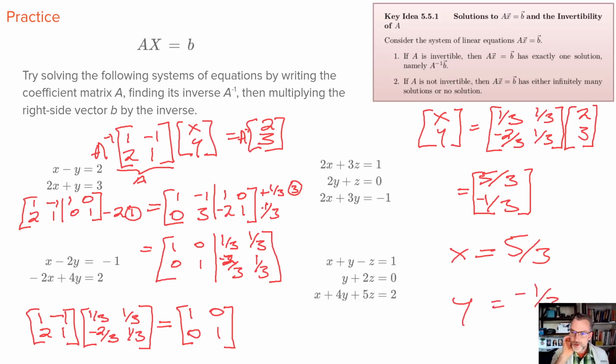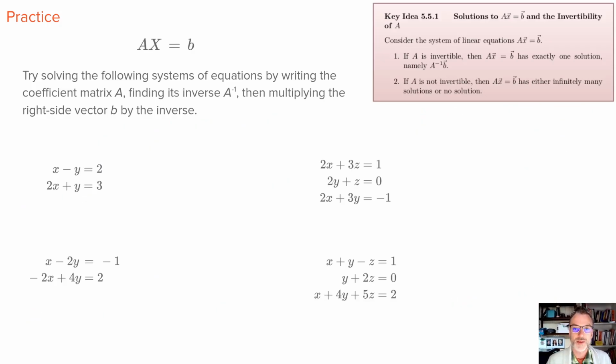Okay, and we could just quickly double check. Yeah, and that works out. So this is an alternative approach to solving systems of equations. We can use the matrix inverse in order to solve those systems.